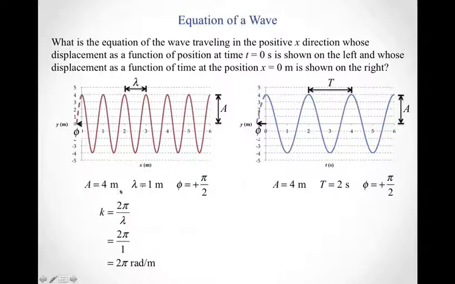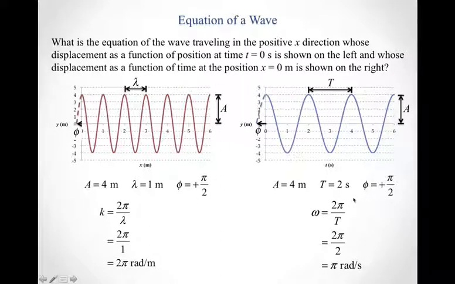I can use my wavelength value to calculate k. k is 2 pi over the wavelength, 2 pi over 1, so that's 2 pi radians per meter. I can use my period value to calculate omega. So the angular frequency is 2 pi over T, so that's 2 pi over 2, which is pi radians per second. So now I have the amplitude, k, omega, phi.